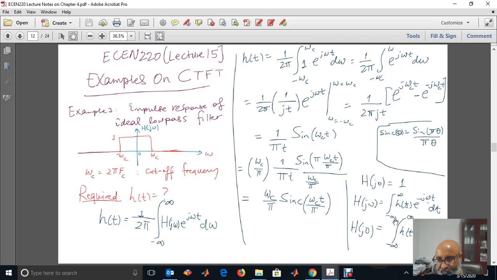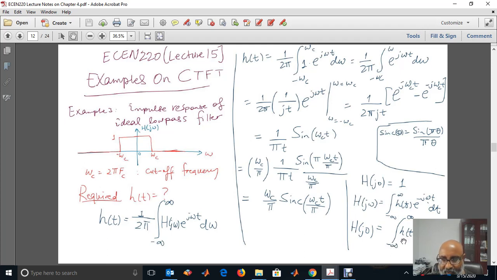So from Fourier transform, I have integral from minus infinity to infinity of h of t e to the power of minus j omega t dt. So what should I do? I should replace omega equal to 0. So this will be e to the power of 0. Therefore, the DC value H(0) is the integral from minus infinity to infinity of h of t dt, equal to 1.